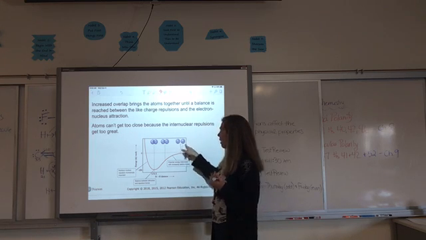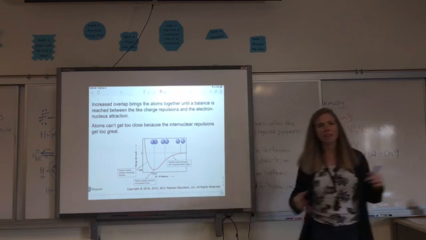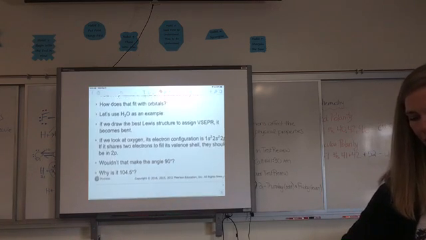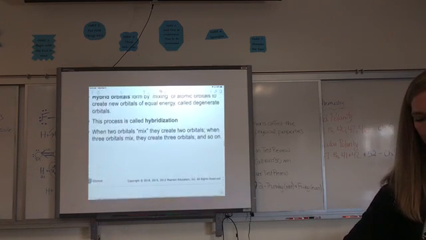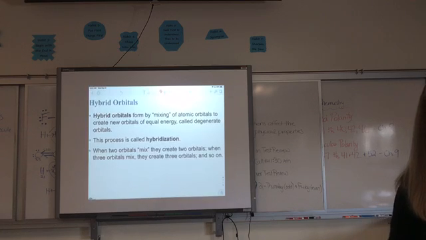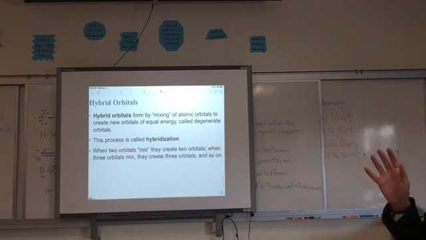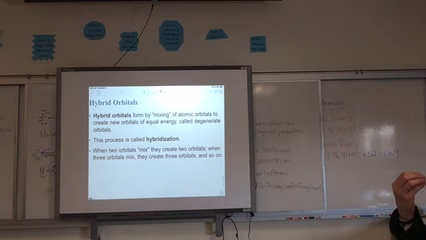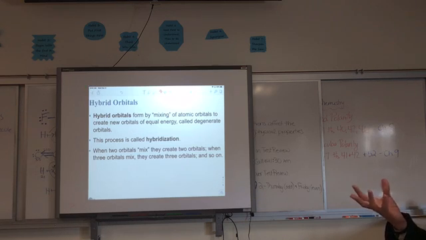Too far away, they're not going to be able to share. So there is a balance to this overlap, which we will talk about. But what you really need to understand is that when the orbitals overlap, they create hybrid orbitals, and it's referred to as hybridization.